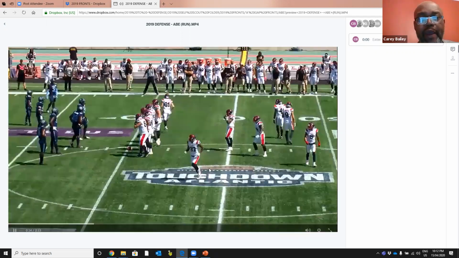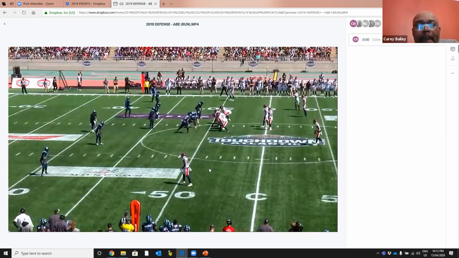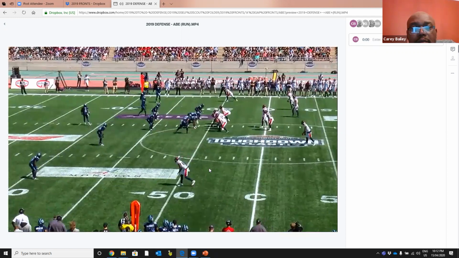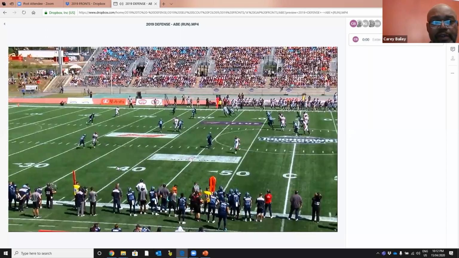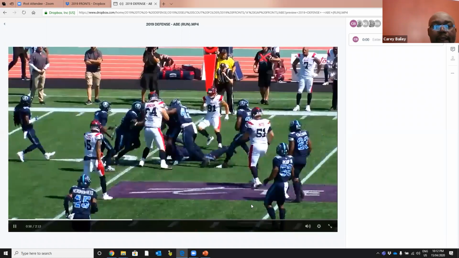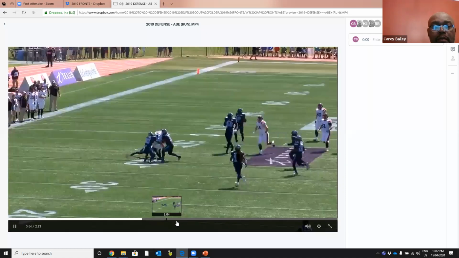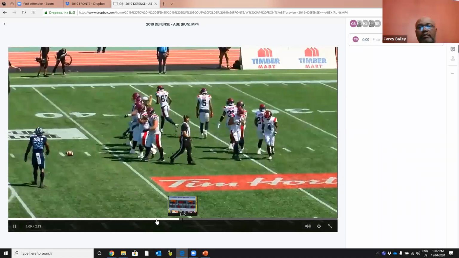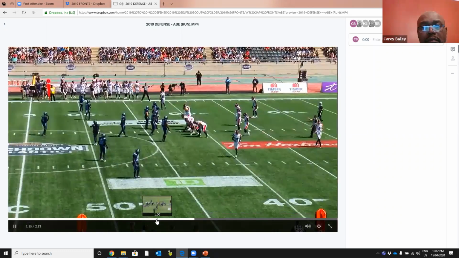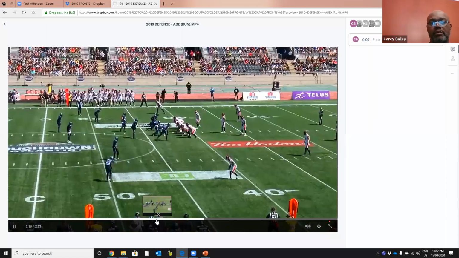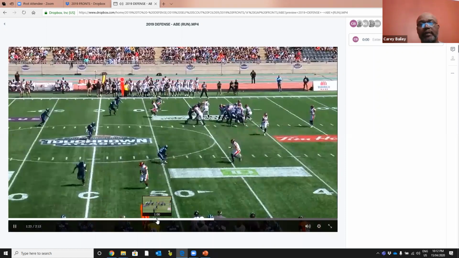Okay, same thing. I think they have a flow anticipation here. These are all the A's. Run or pass. Nice one right there.